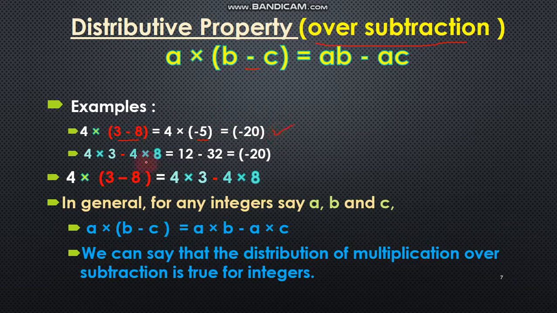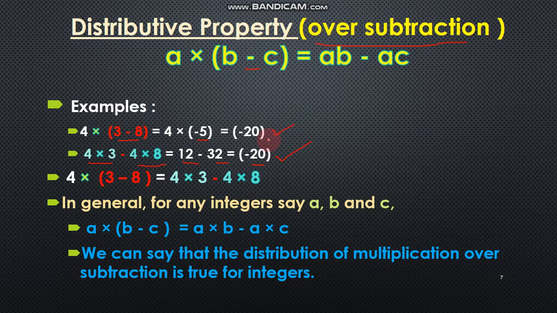Okay, now next is what? As per the right hand side, 4 into 3 minus 4 into 8. So 4 threes are what? 4 threes are 12 here, and 4 eights are 32 here. So after subtraction we get the answer negative 20, which is the same as the LHS.